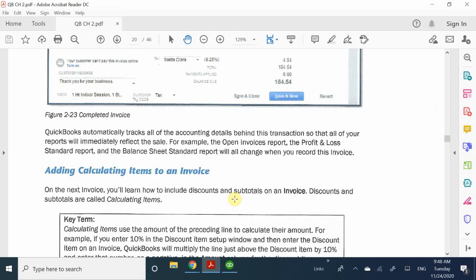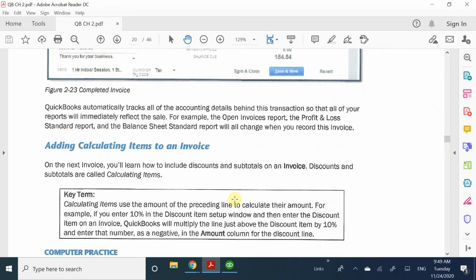This is very useful when you're billing your customers or doing sales receipts. In this case, I'm going to show you by building another invoice that uses preset calculations.